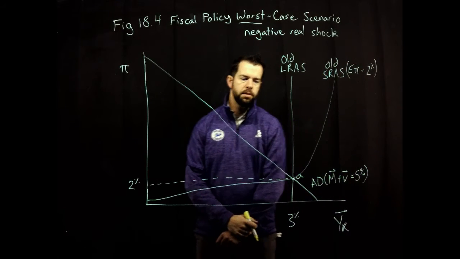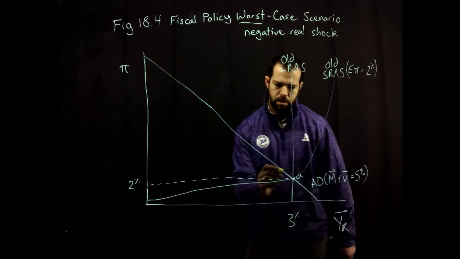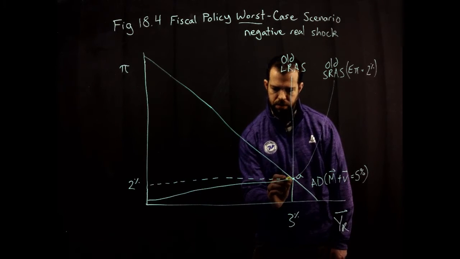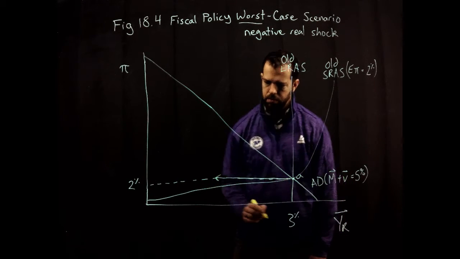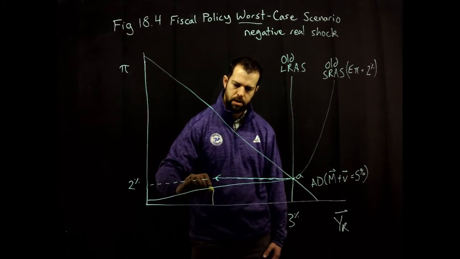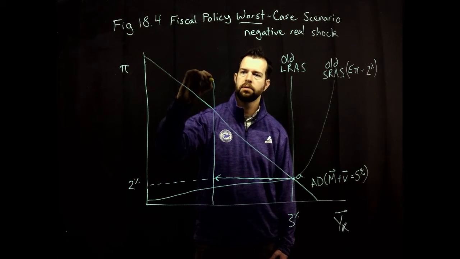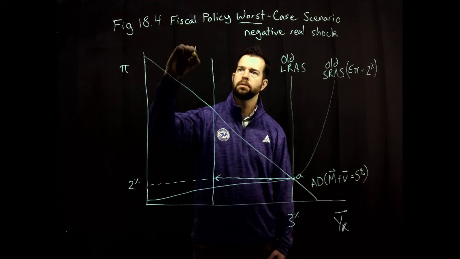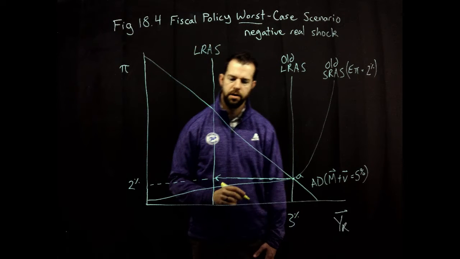All right. So then we have a real shock, negative real shock. So this long run aggregate supply curve is going to shift to the left, okay, to a point which will be associated with negative 3% growth here. All right, so this is our new long run aggregate supply curve, and our growth rate is negative 3%, okay?